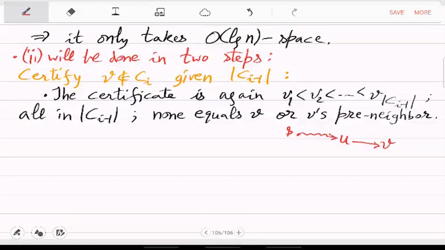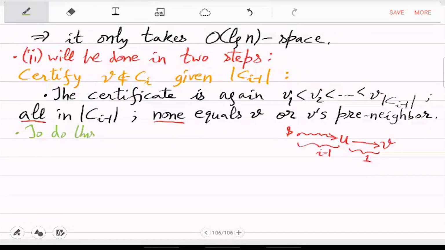So neither V nor its neighbor U should be in Ci minus 1, because if a neighbor is in Ci minus 1, then V also will be in Ci, which you don't want. So both V and U should be out of this. That's the only extra check. Once you do this, you have verified V not in Ci.